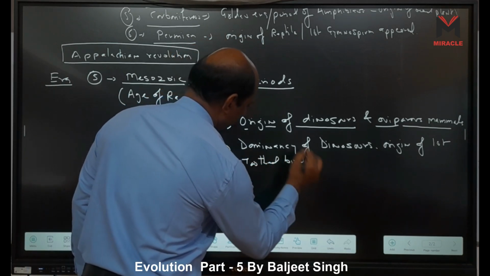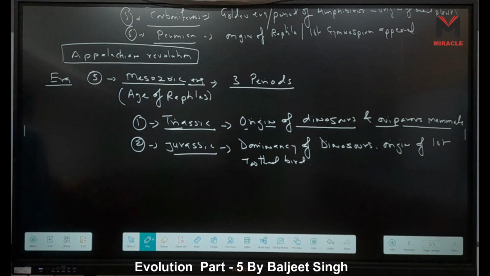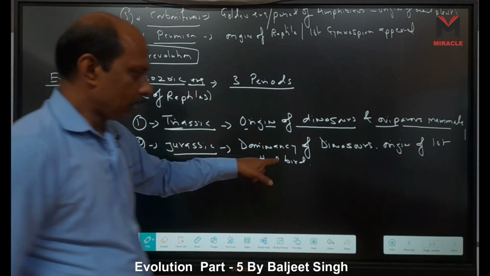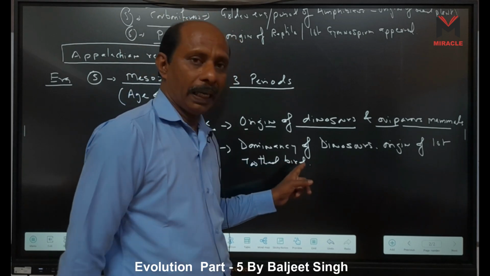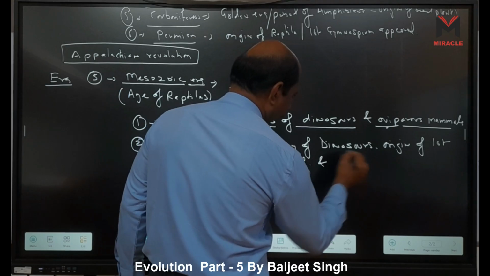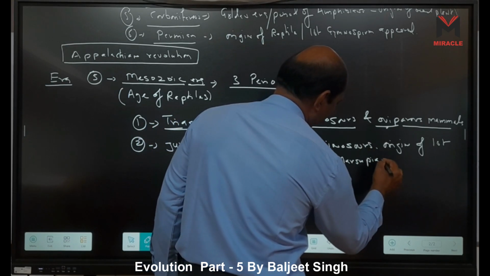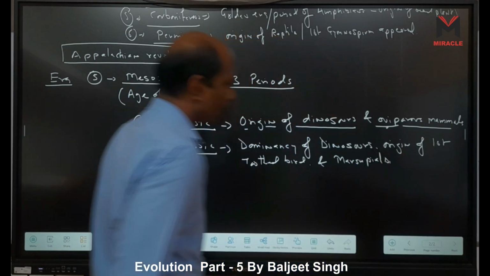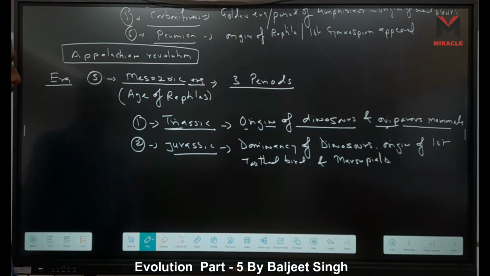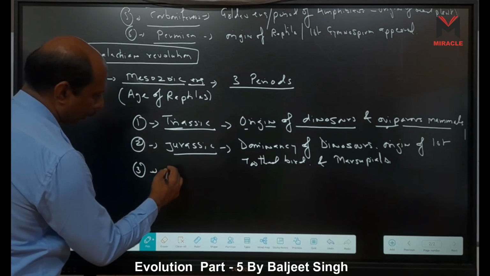You understand? Toothed birds. This is the origin of aves, and besides oviparous mammals, another mammal group is our marsupials, right?